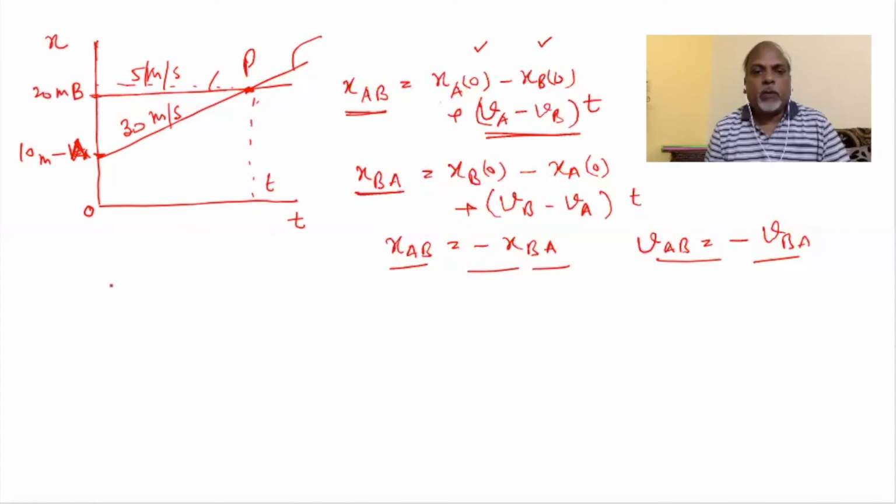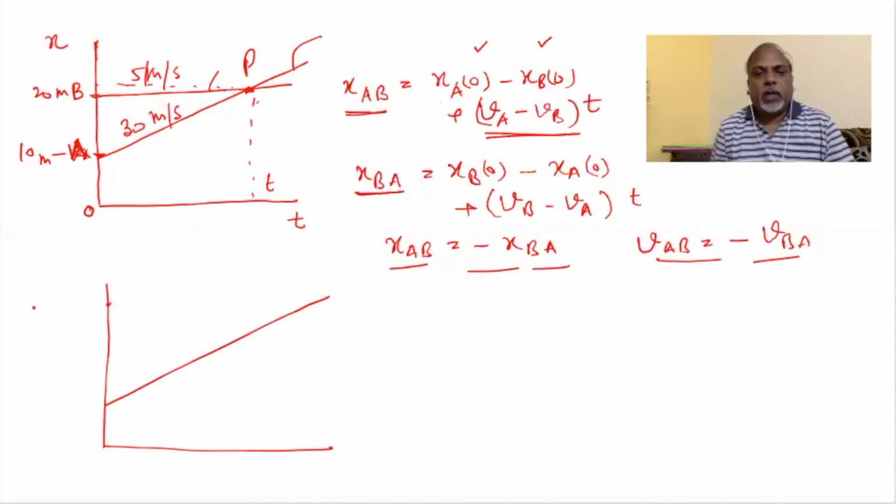But what about if they are moving in the opposite direction? Then of course the graph will be like this. Suppose one is moving in the forward direction, the other one in the backward direction.